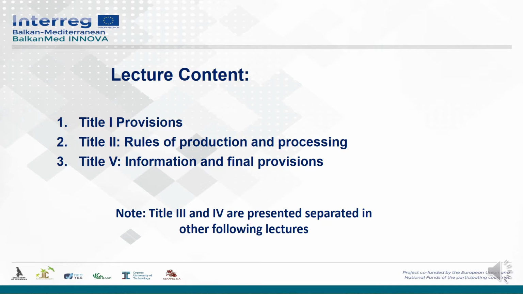Title 1, Provisions. Title 2, Rules of Production and Processing. In this part, we'll speak about one part of the rules of production and processing, because one part of it I explained in the previous lecture, and it is not concluded yet. So we'll continue in the next lecture.